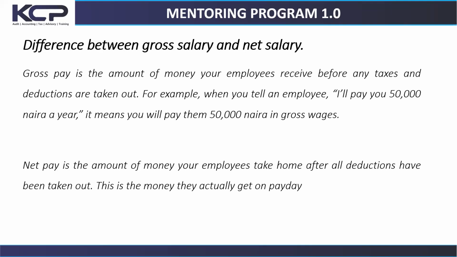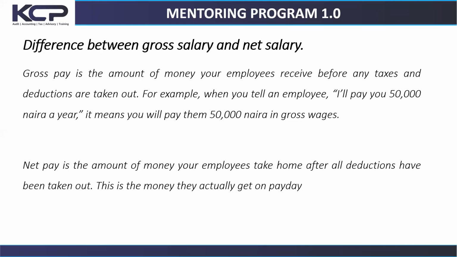So gross pay means the amount of money employees receive before any form of taxes or other deductions are taken out. By other deductions, we are referring to things like pension, HMO, NHF, premium contribution for life policy and the likes.